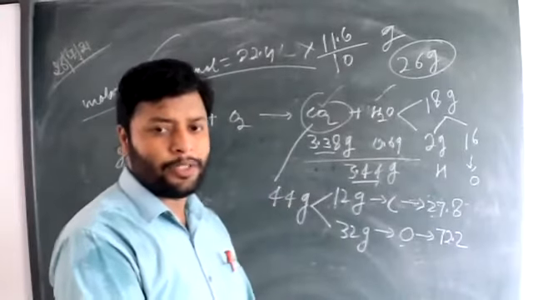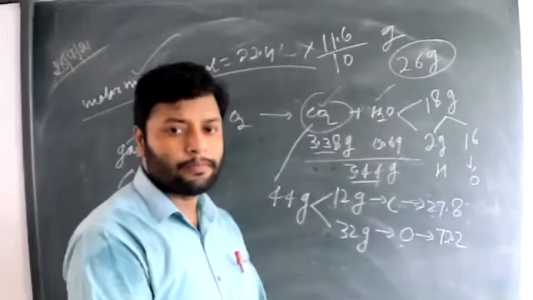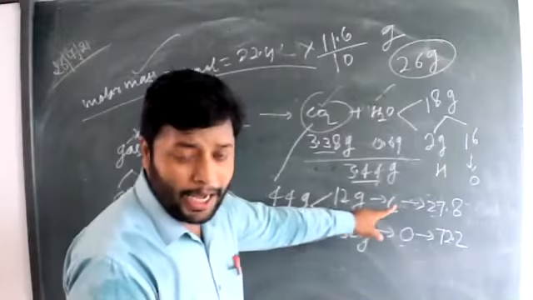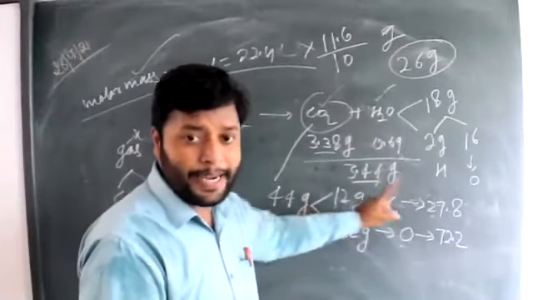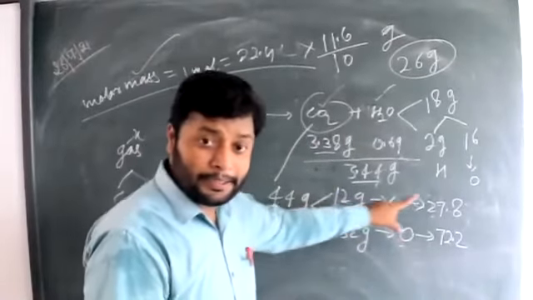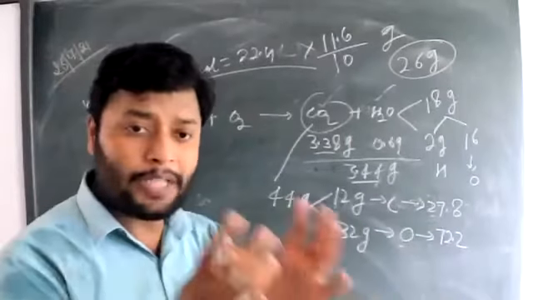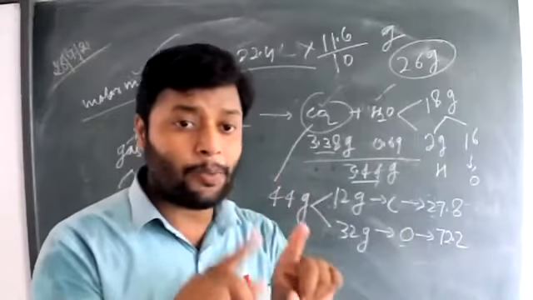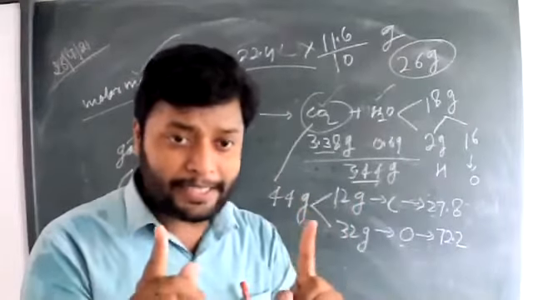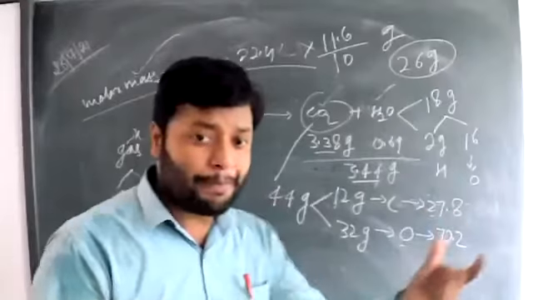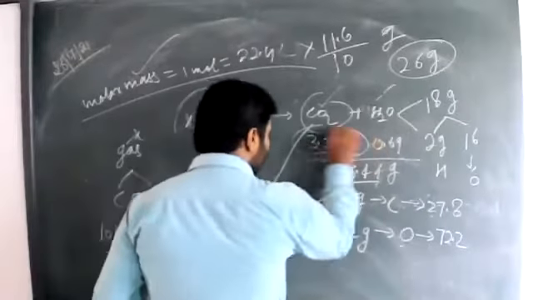It means carbon is present at 27.8 percentage in 44 gram, and the same percentage will be in 3.38 also, because both are the amount of CO2. Percentage and ratio will not be changed.